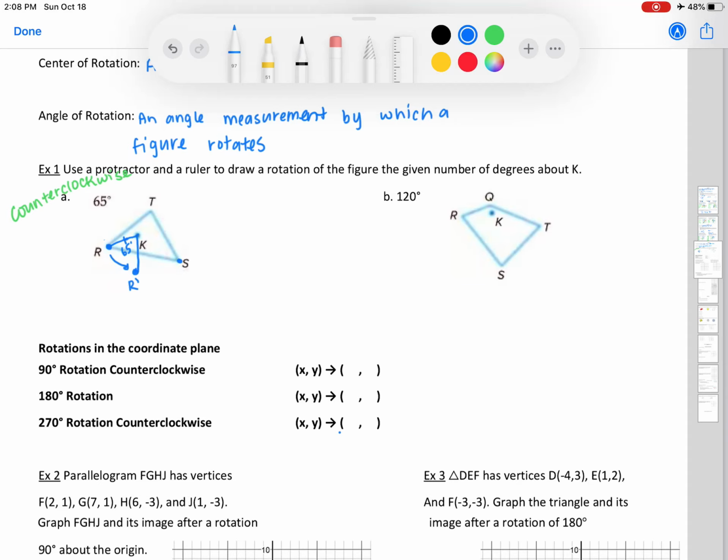Okay, we would do the same thing with RS, rotating it 65 degrees counterclockwise. And we would want to make sure that from K to S and from K to S prime would be congruent measures.